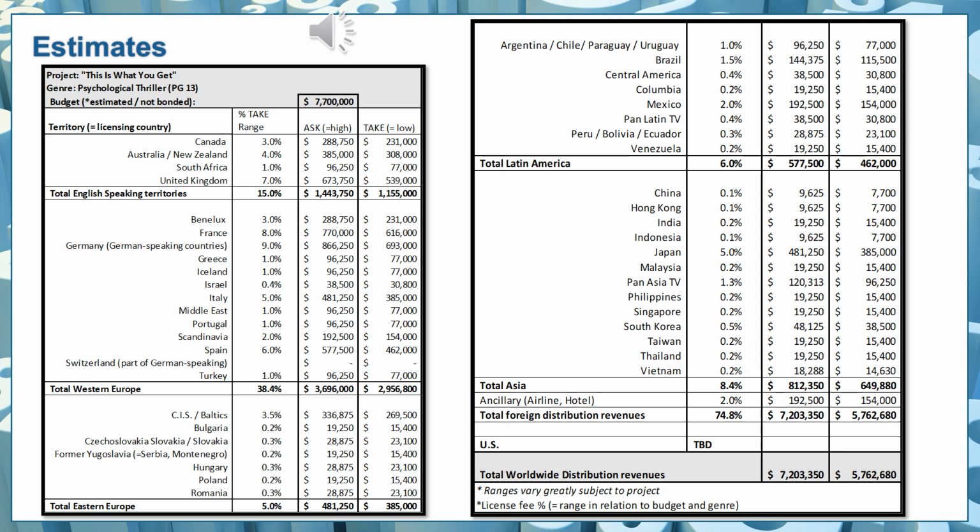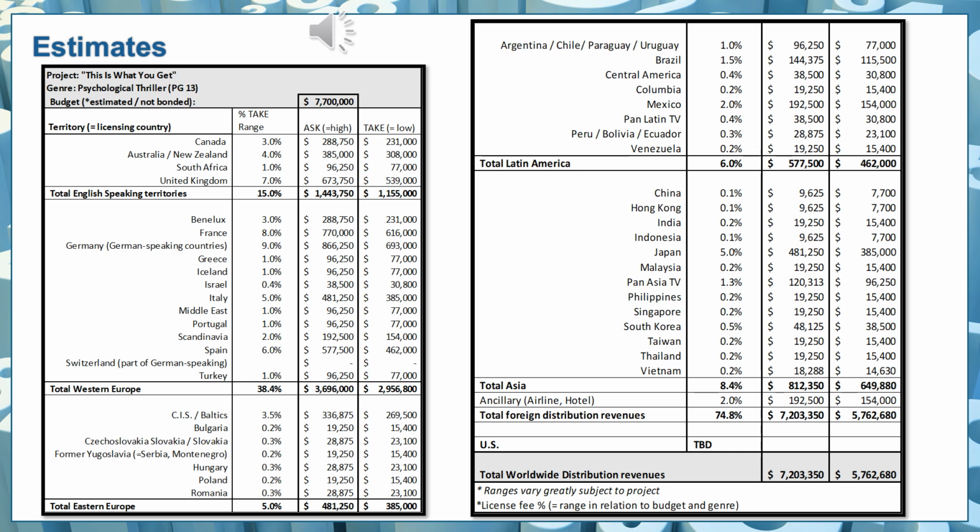That is a range that I share with you just to give you an idea of what each territory could charge or is priced at when it comes to the take territory for a movie like this. Now, this is very much dependent on the script, the talent, the genre, the packaging, I mean everything.